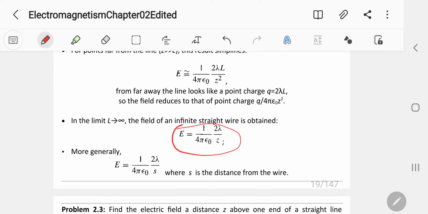So if you have a long distribution of charge in a line, or a very long wire, or even a small wire like a meter but you're measuring the electric field very near the wire, it would seem like the wire is infinite on both sides, and so your electric field would just be 1 over 4 pi epsilon, 2 lambda over S, where S there is the distance of the point to the wire.